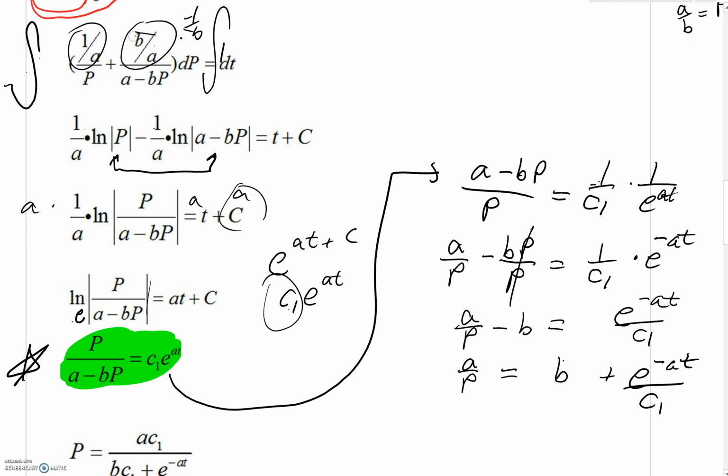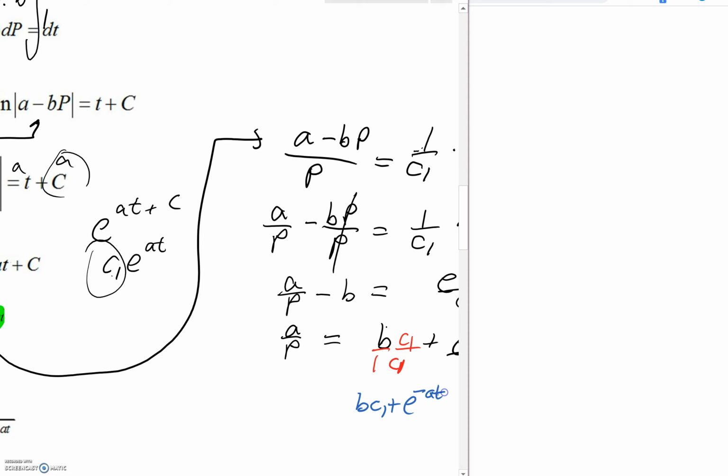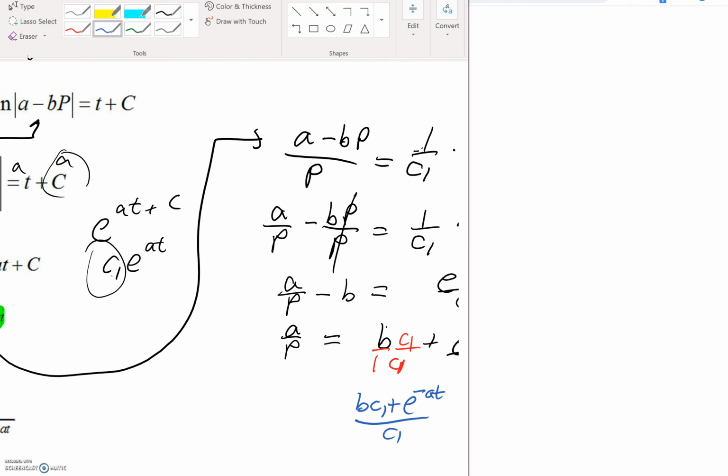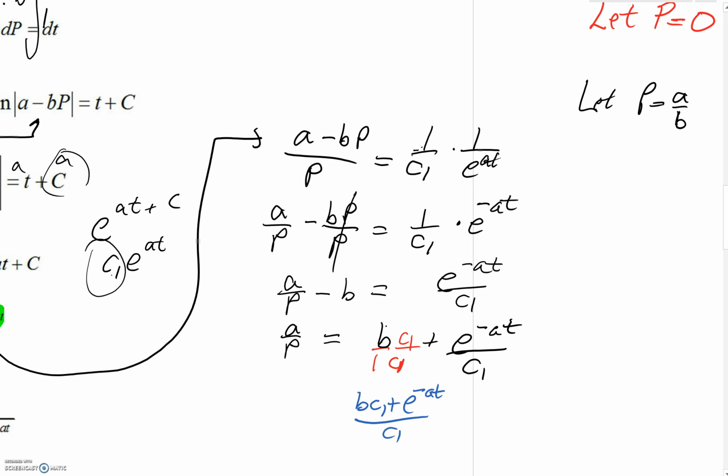And when you do that, you're going to be able to get B C1 plus e to the negative A T all over A C1. Okay, so that's what we have for our A over P. Our video is going to end, and we'll pick up from here in just a moment.